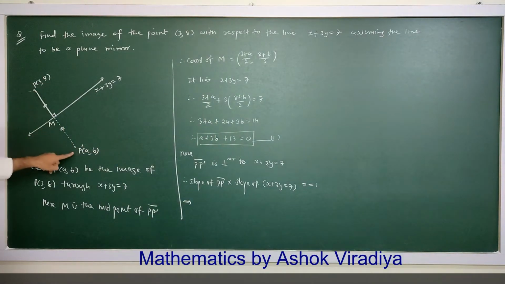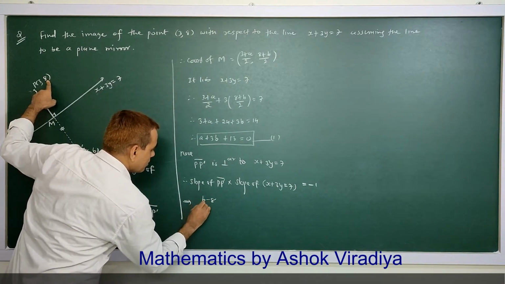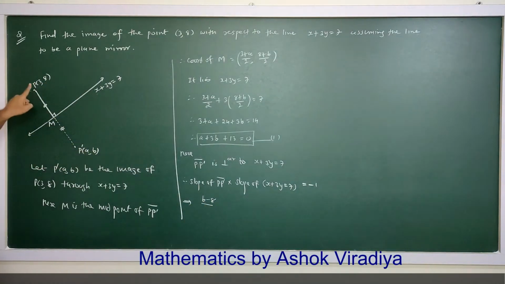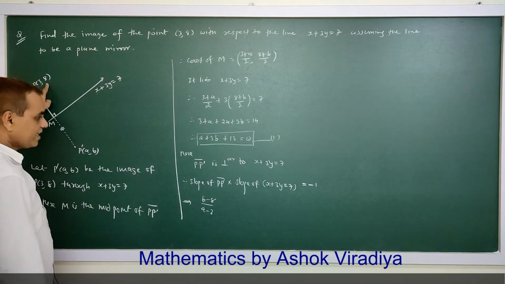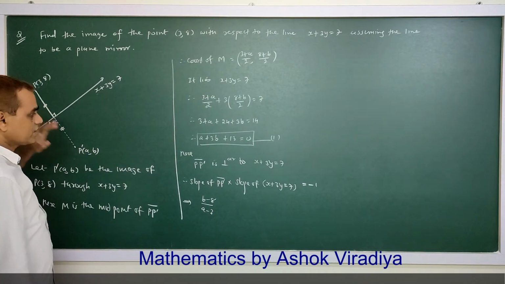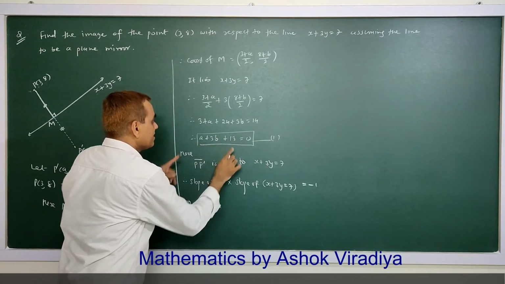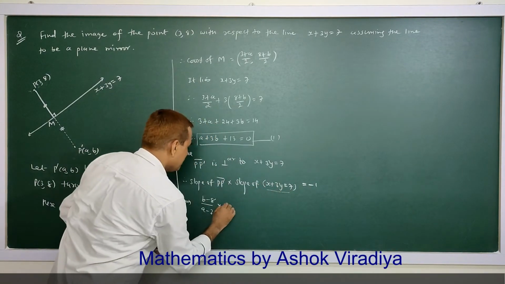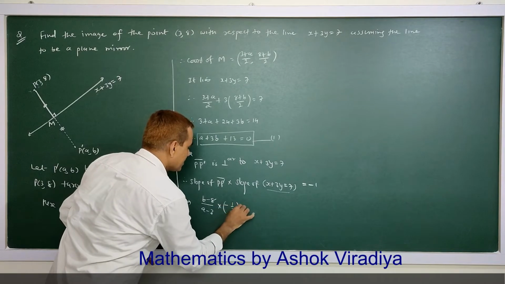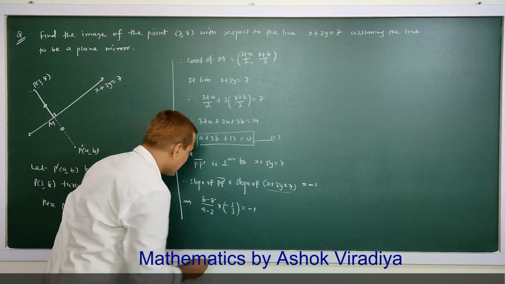The slope of PP' is (y1 - y2)/(x1 - x2), that is (b - 8)/(a - 3), and the slope of this line is -1/3.